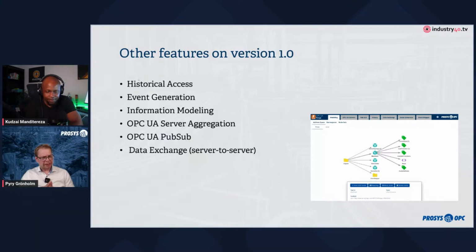Okay, perfect. And here are all the features that we have in our 1.0. One that I didn't demonstrate is this data exchange. You can define that if a certain value changes on a certain OPC UA server, then you can copy the value to another node on another server.